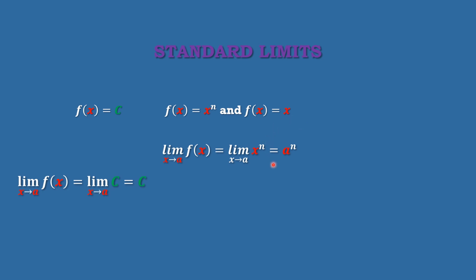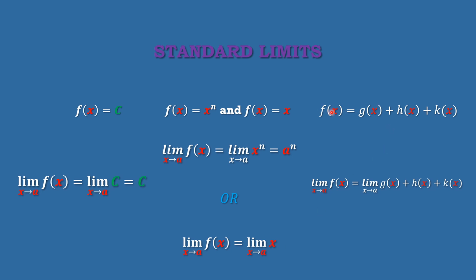That is the approximate value or behavior of the function when x gets closer to a. So when you have f(x) equal to x, the limit is just a, substituting the value of a for x.